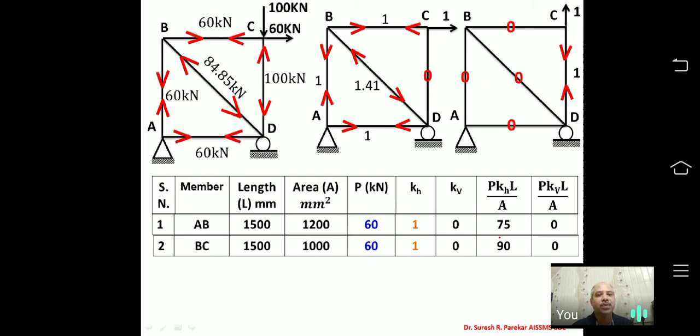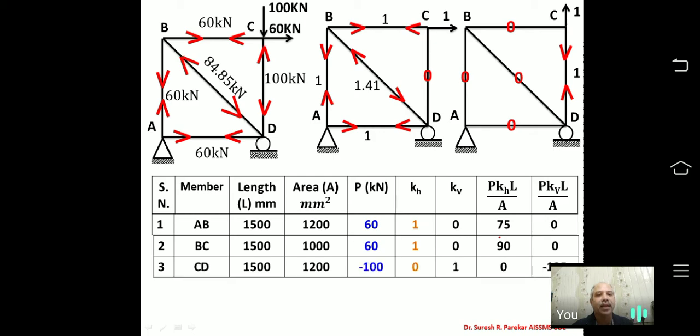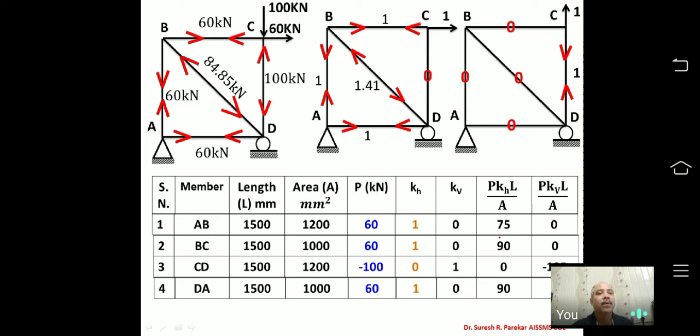You can see AB and BC both have the same length, so automatically my angle becomes 45 degrees. Then it is not required to mention the angle over there. So we have substituted all these values of P, KH, KV, and then calculated the values of PKH L upon A and PKV L upon A.